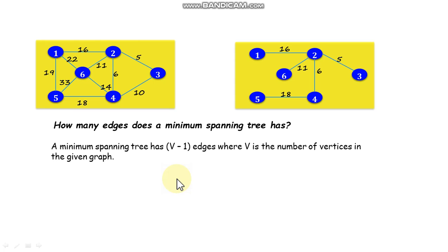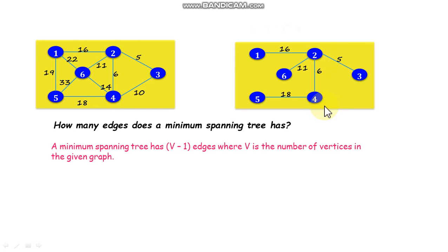How many edges does a minimum spanning tree have? The minimum spanning tree has V minus 1 edges, where V is the number of vertices in the given graph. How to calculate the minimum spanning tree edges? V minus 1 edges, where V is the number of vertices in the given graph. See here, for this graph, V is equal to 6.